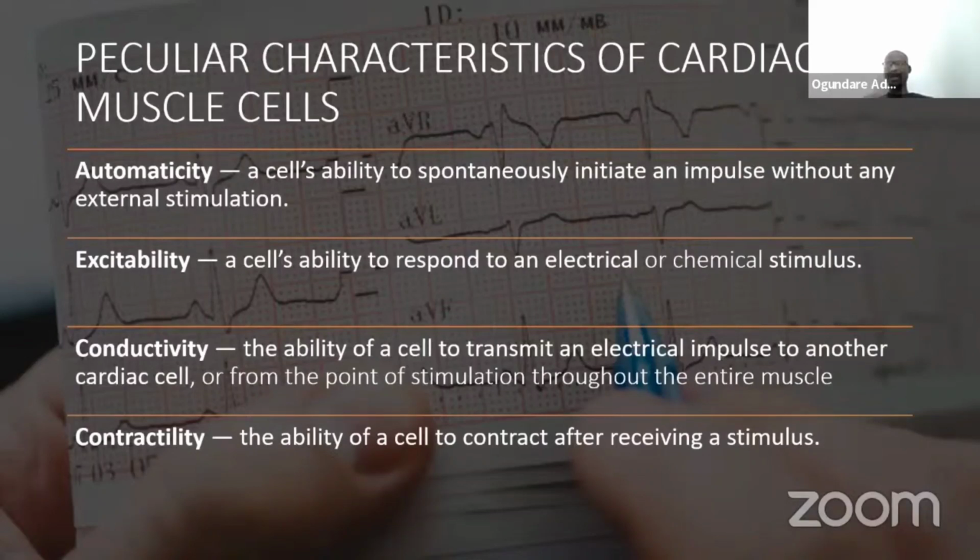What this means is every component of the cardiac muscle tissues is capable of generating impulses independently. Whatever the situation is, every part of the muscle tissues has the ability to intrinsically generate impulses on its own, and that is automaticity.